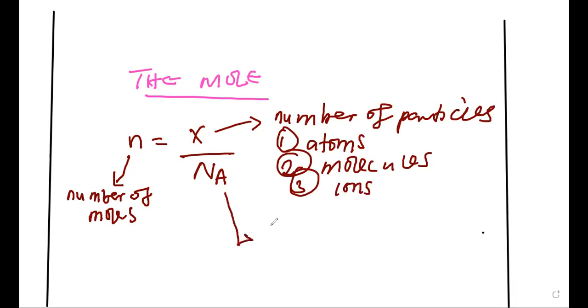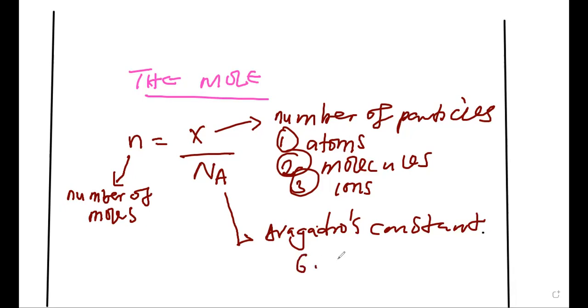Then this is Avogadro's constant, which has a constant number of 6.023 times 10 to the power 23. Okay, so this is very important for us to understand. The number of moles is equal to the number of particles over the Avogadro's constant.